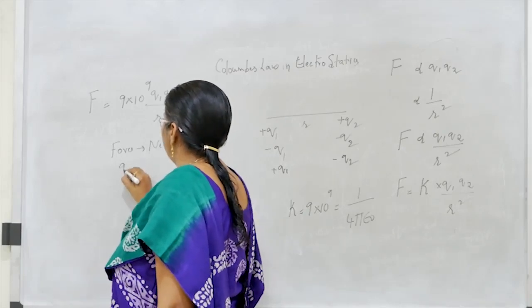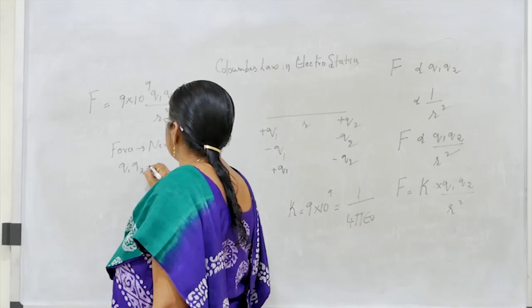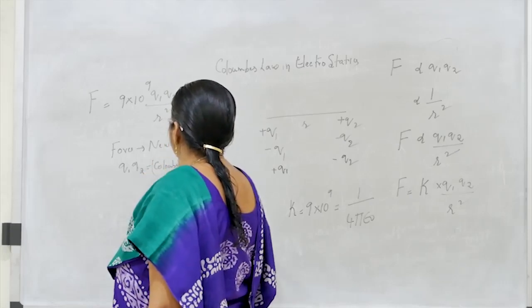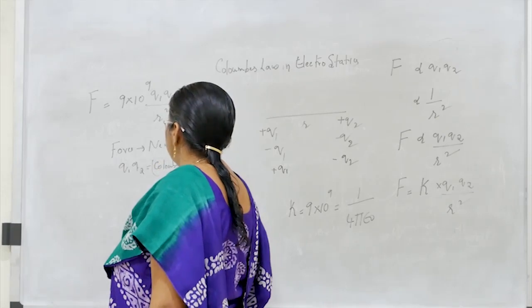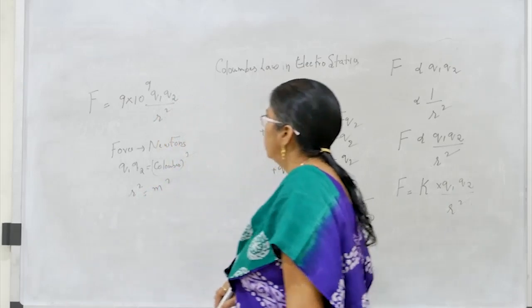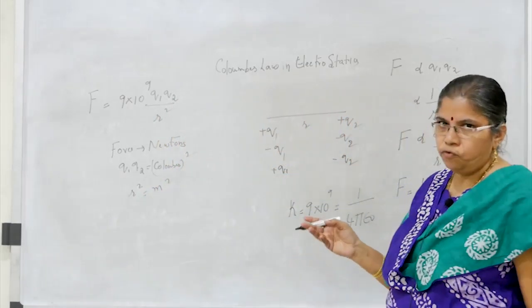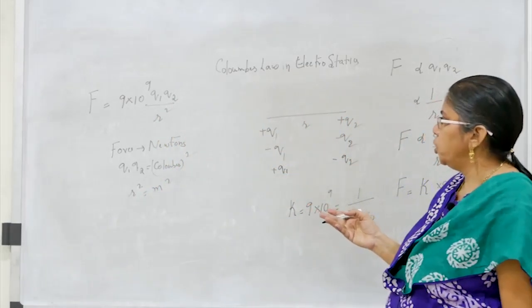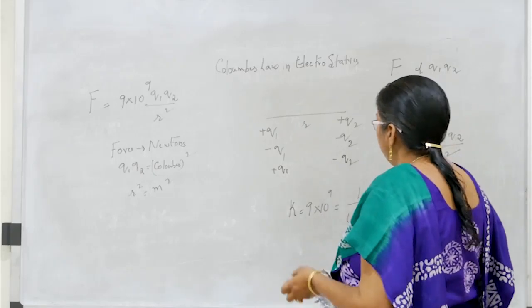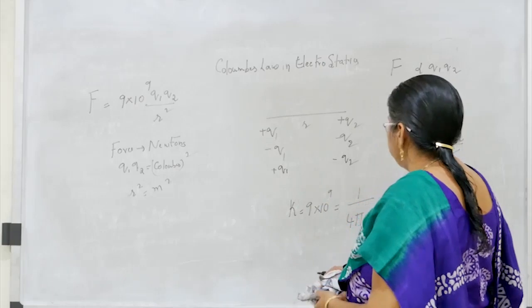The product q1 q2 is in Coulomb square, and the distance r square is in meter square. So this is how you find the force of attraction or repulsion between two charges. This is known as Coulomb's law in electrostatics.